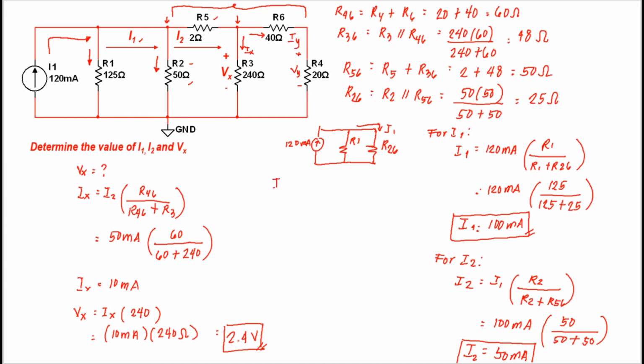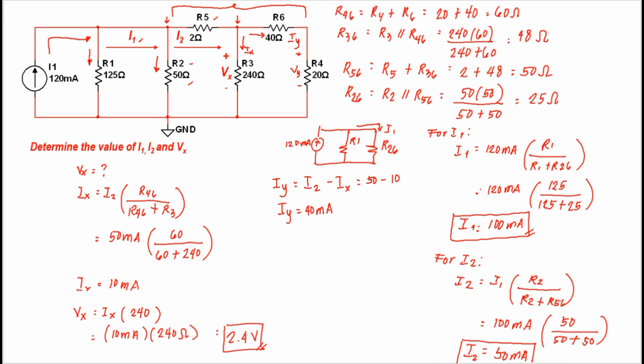Iy is equal to I2 minus Ix, which is 50 minus 10. So Iy is equal to 40 milliampere.